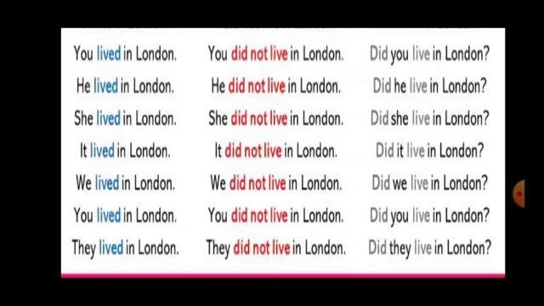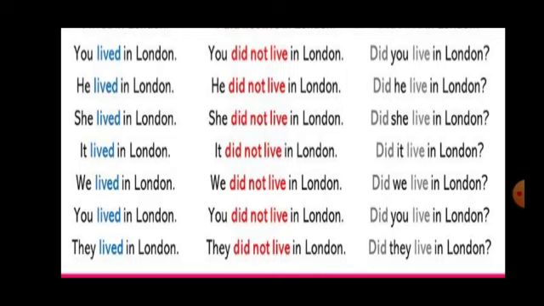You lived in London. You did not live in London. Did you live in London? So, here in each and every sentence there is no auxiliary verb. So, we will add did as the sentences are in past tense. And to make negative, we will add did not, and the base form of the verb, that is lived, will become live.